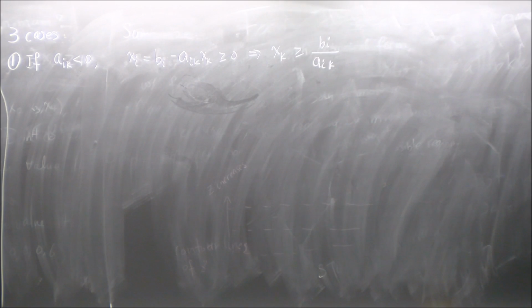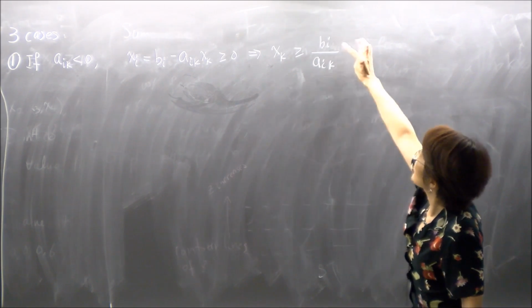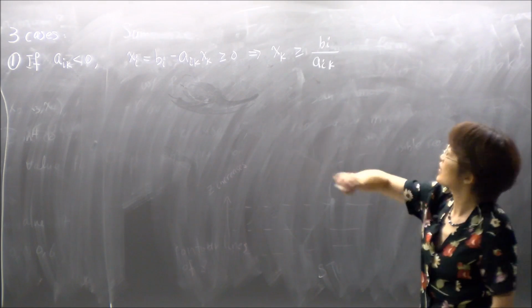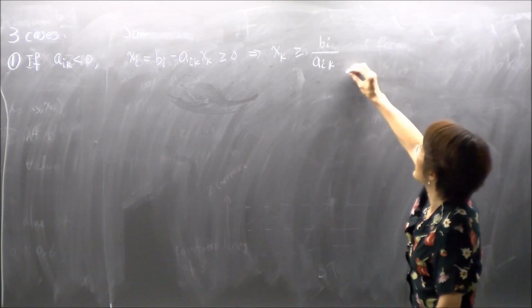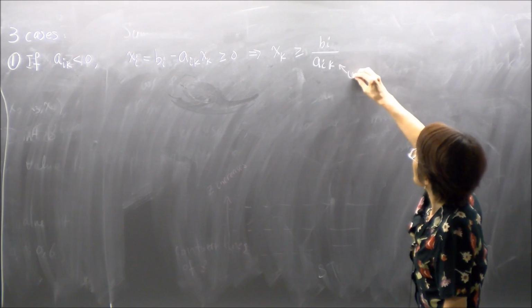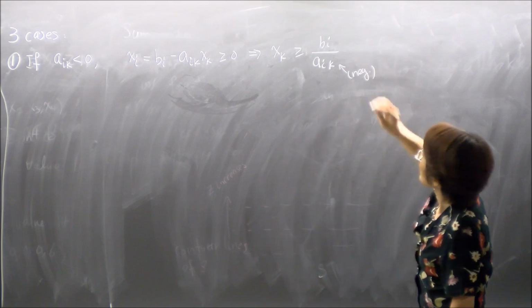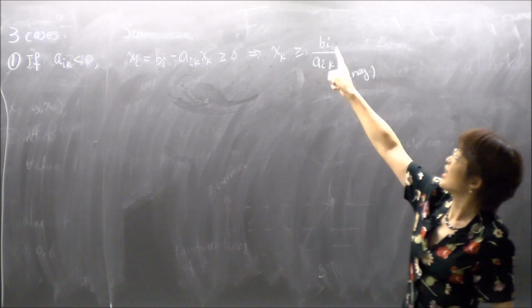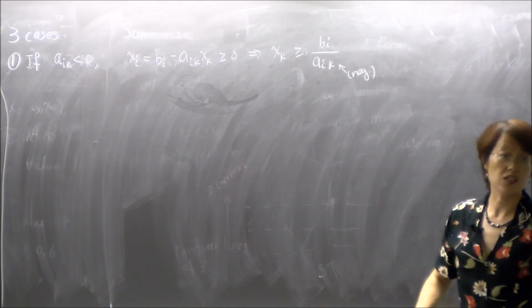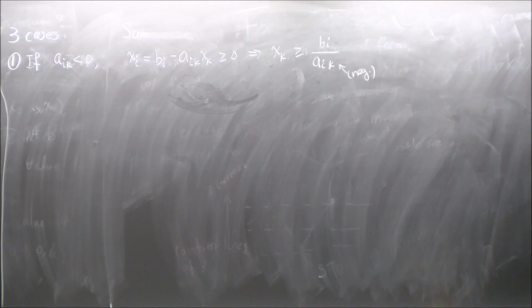Are we okay? We know how to solve inequalities. So pay attention here. bi is always positive, but aik here is negative, which means this number on the right-hand side here is a negative number. If bi is 0, it's 0, but okay, it's not positive for sure, right? Less than or equal to 0 on that right-hand side. So does it give me any upper bound on xk?